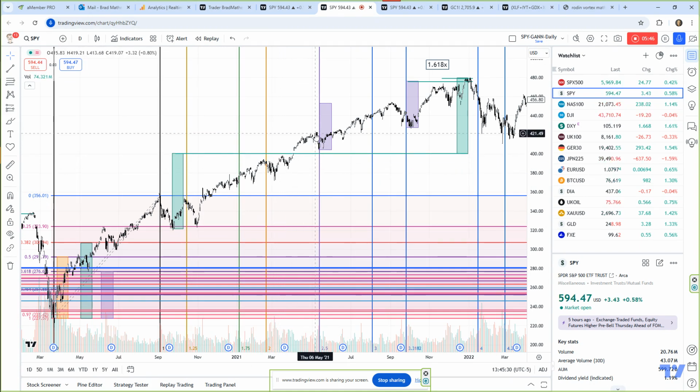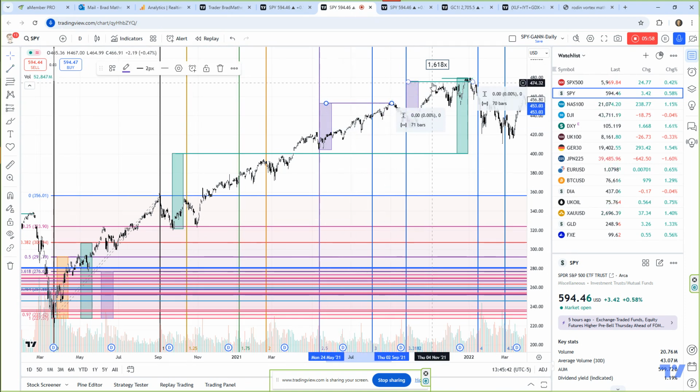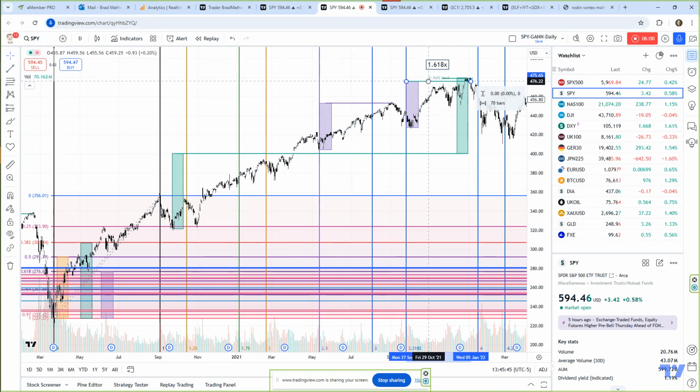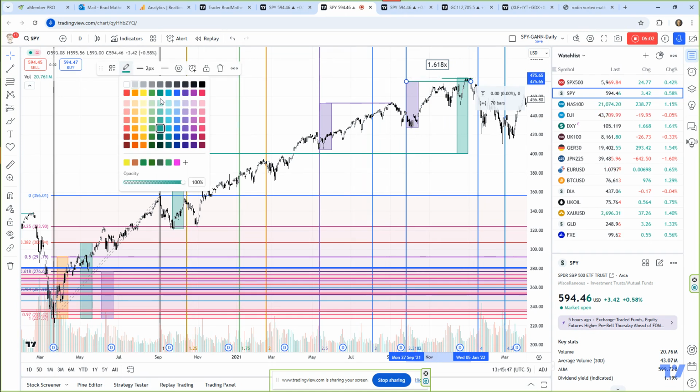Then we break into a new high, pull back. We get that same 5-0 level, which is this level, carrying out to here. We then get that same 5-0 level right here, carrying out.